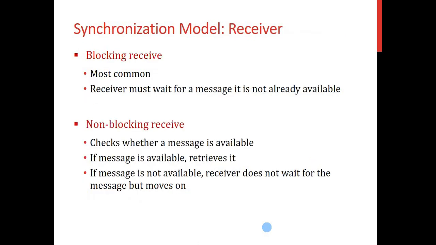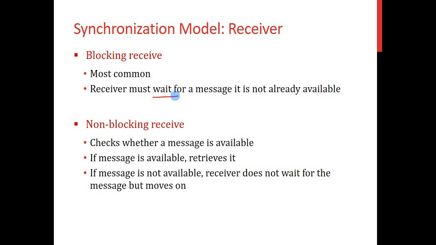In terms of receiving, we saw just now that there is a blocking receive. That means the receiver must wait for a message if nobody has sent it yet. There is also a non-blocking receive.